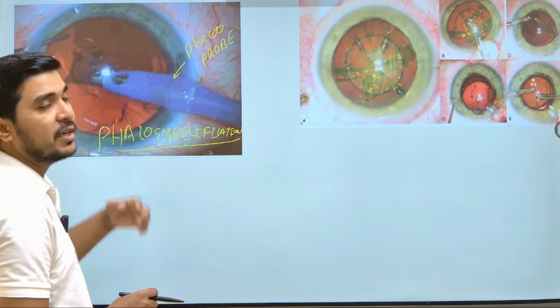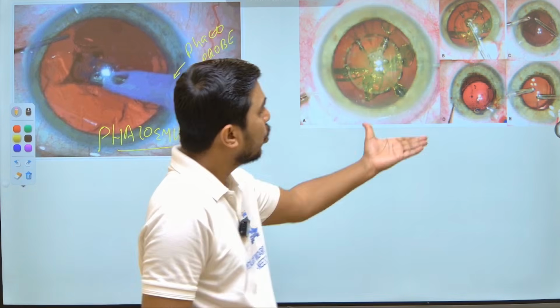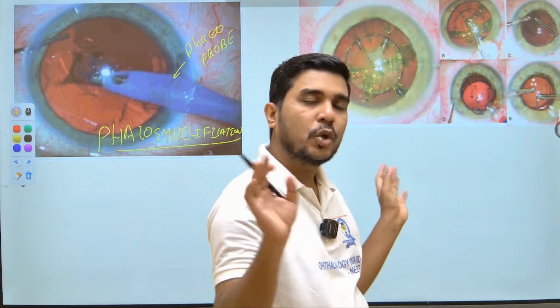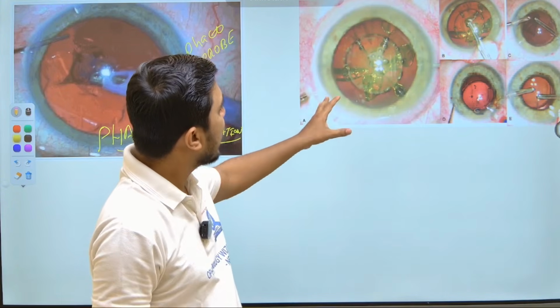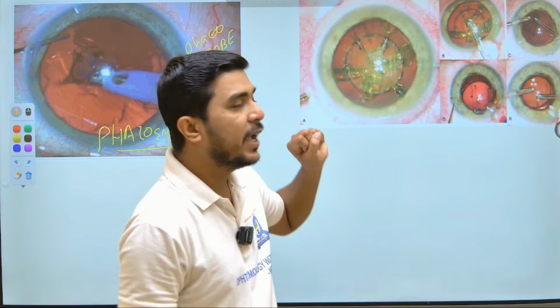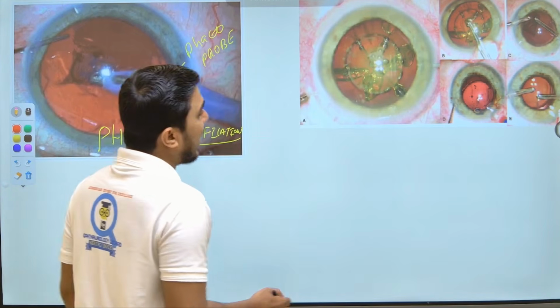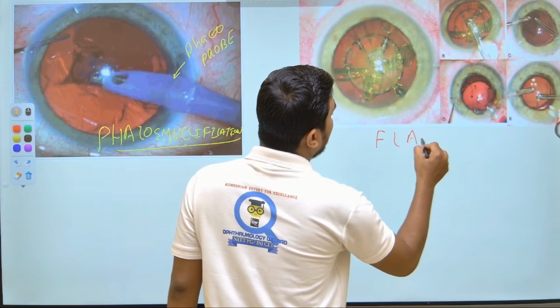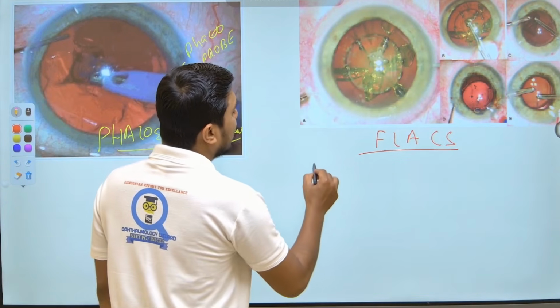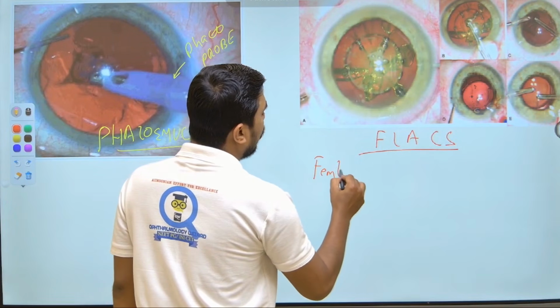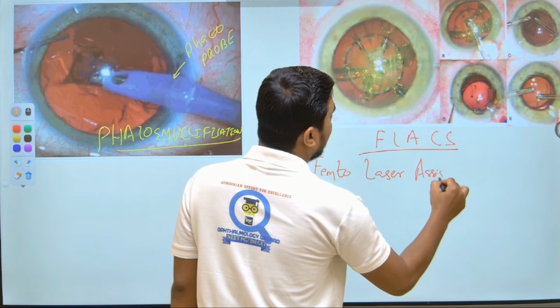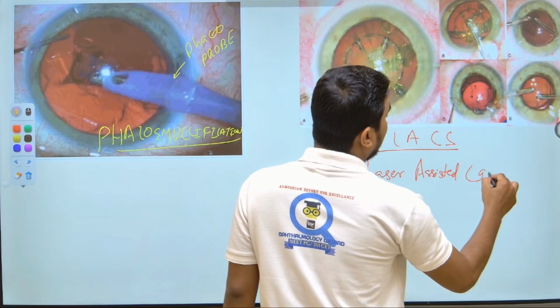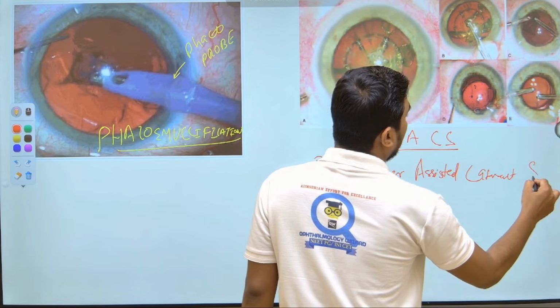This phaco probe is entered into the lens, right? No need to go into the details of everything. Just remember this type of picture. If you see it, remember it's a cataract surgery, but this cataract surgery is a FLACS surgery. F-L-A-C-S. What is FLACS? FLACS is femto laser assisted cataract surgery.